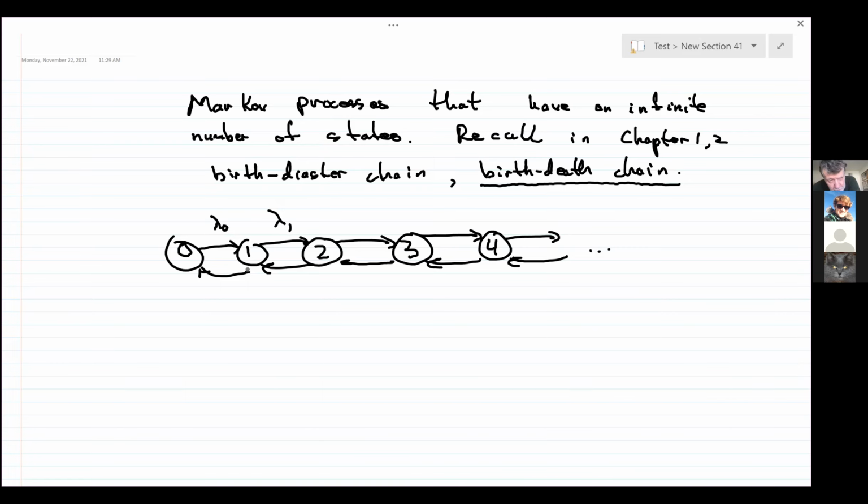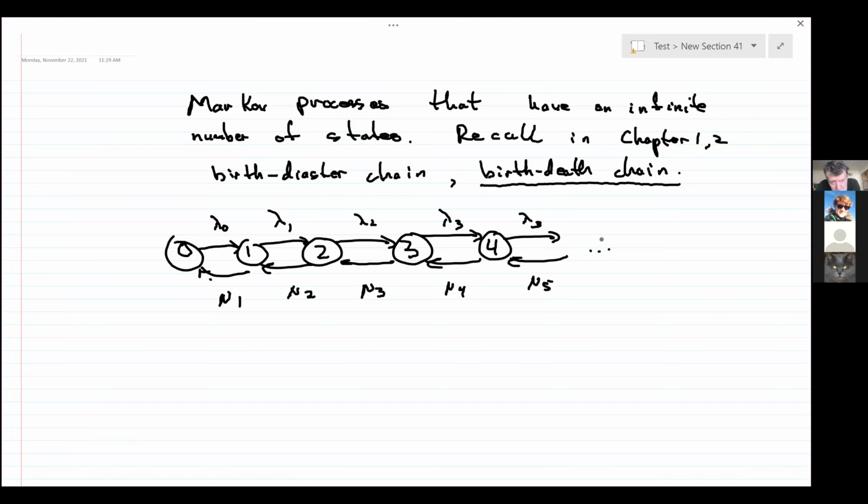They're indexed by where you're coming from. So coming from 2 going to 1 is mu2, then mu3, mu4, mu5, and continued. Now, again, with Markov processes, we customarily don't show the return rates. They are there, but we usually don't show them. Okay, so this would be how a birth-death process looks.